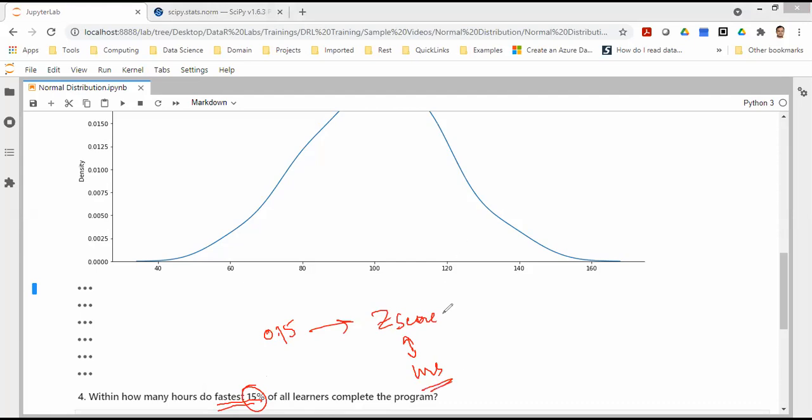Now, the PPF function would return the z-score, but since we give the value of mean and sigma, the final answer we'll get is in number of hours, or the exact value of our random variable.